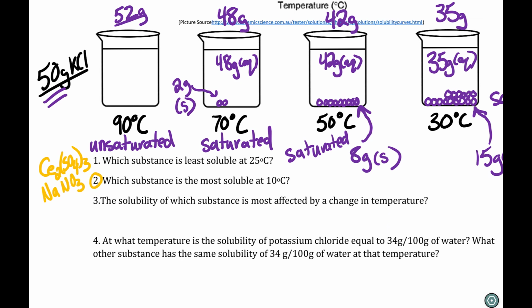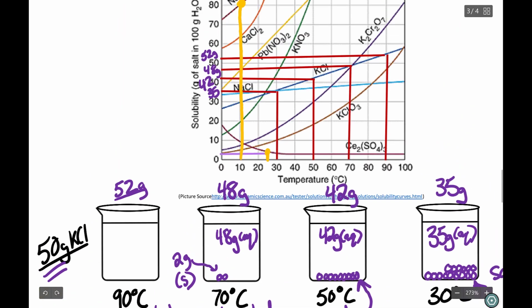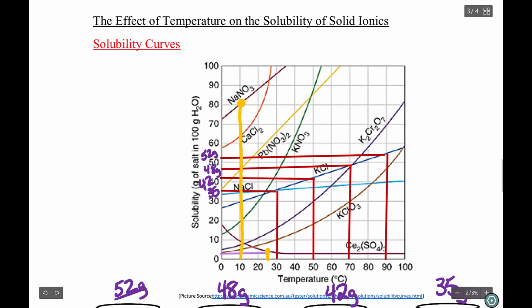The solubility of which of the substances is most affected by a change in temperature? What I'm trying to find here is the thing with the greatest change in solubility or the most steep curve that I can find. So if I go back to the chart, there's a couple that are fairly steep, but I kind of noticed this one here.